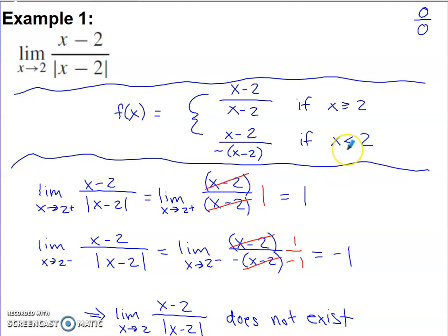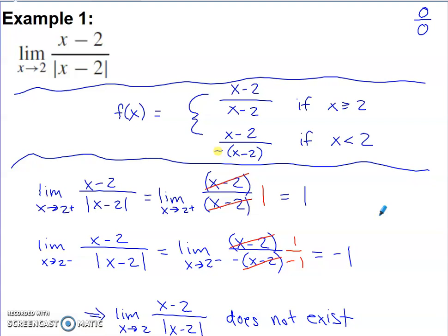So if x is less than 2, we know the absolute values are going to change the sign of whatever ends up inside of them. We can drop them as long as we manually change the sign of what's inside the absolute values by inserting this negative. Again, kind of weird, kind of sneaky.